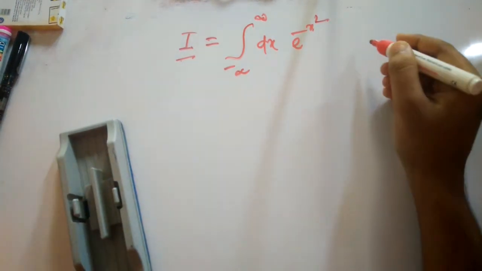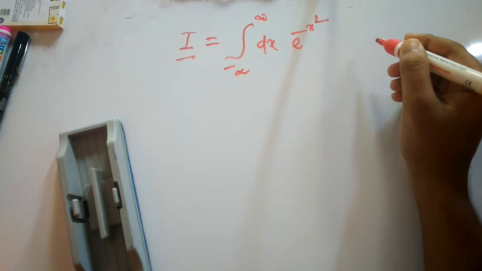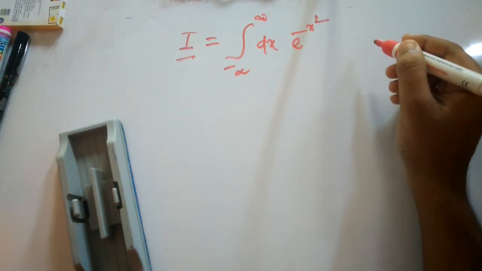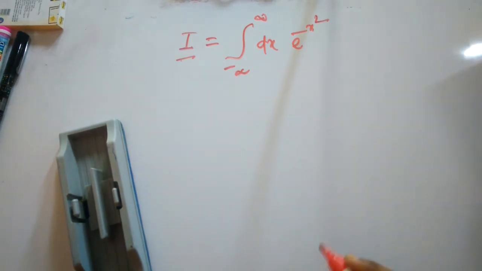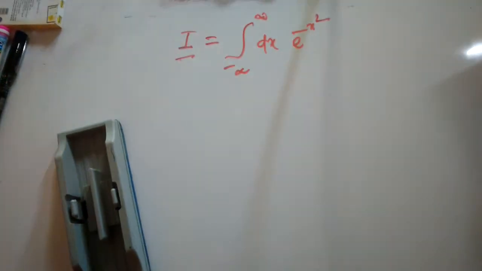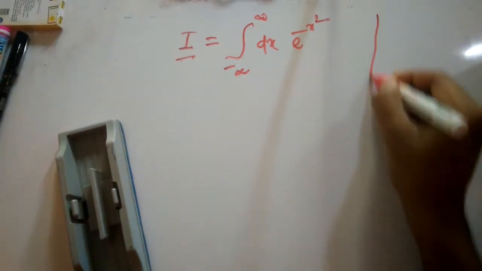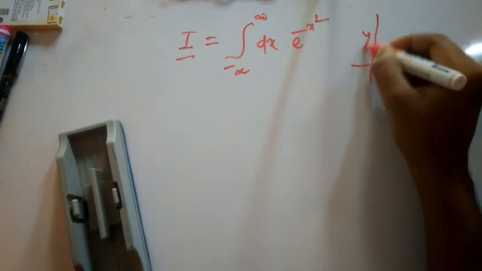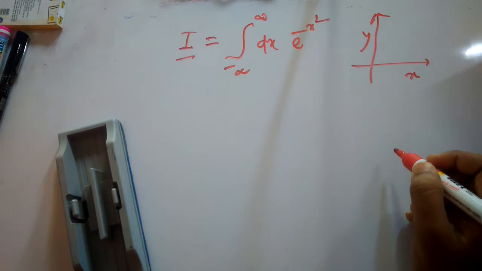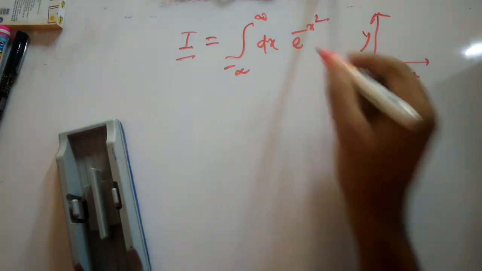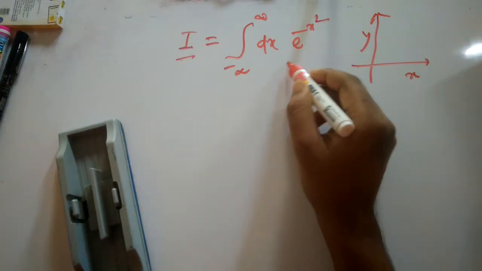I suppose most of you know about the Cartesian coordinate and polar coordinate, because this knowledge is necessary for this derivation. In the Cartesian coordinate there are x and y, these variables are independent, and so this I is expressed in terms of x.